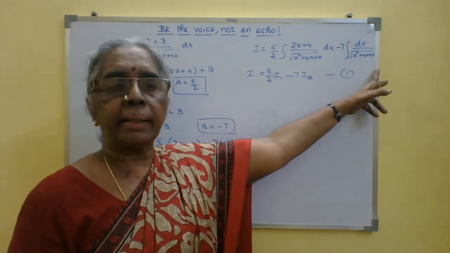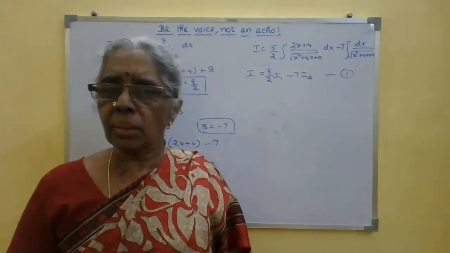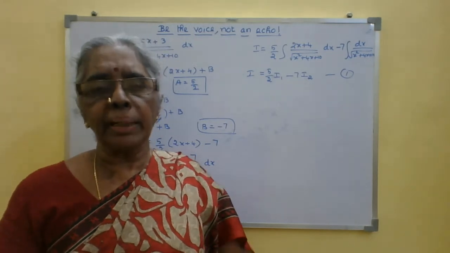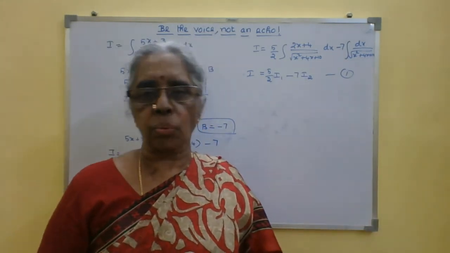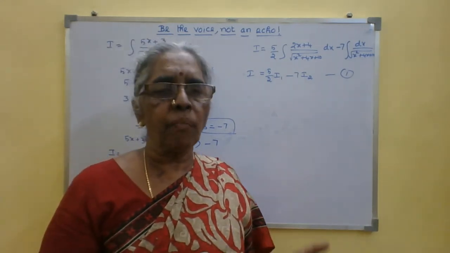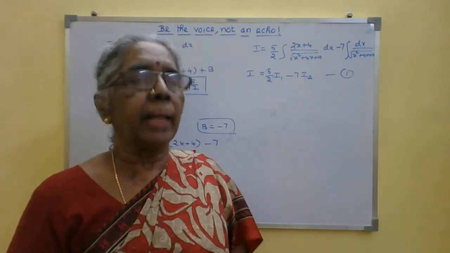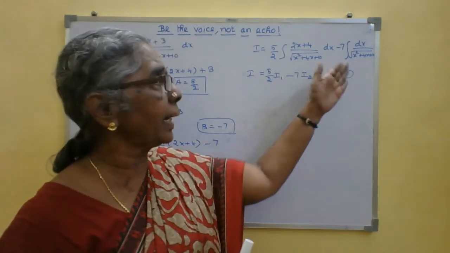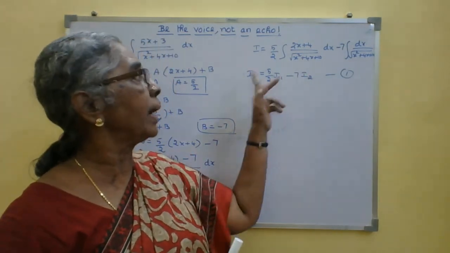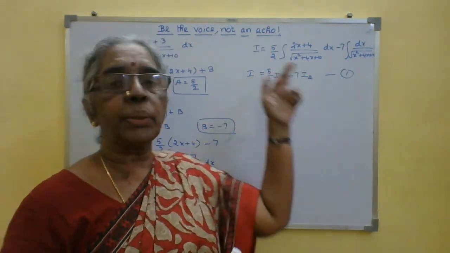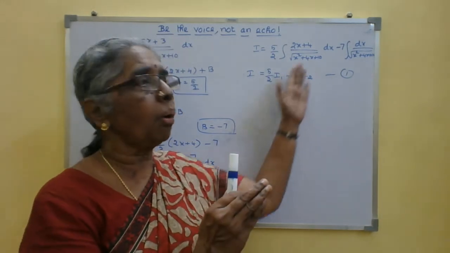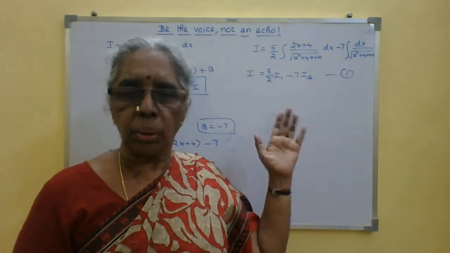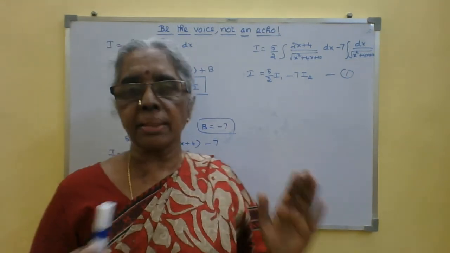Take the quadratic there and do the completing the square method, and then you will be getting a formula like root of x squared plus a squared, or root of x squared minus a squared, or root of a squared minus x squared. Then use that formula and write the result. Then you come to step 1, I is equal to 5 by 2 into I1 minus 7 I2. Since you know all those things already, I am not doing that part. So hope you understand the concept.